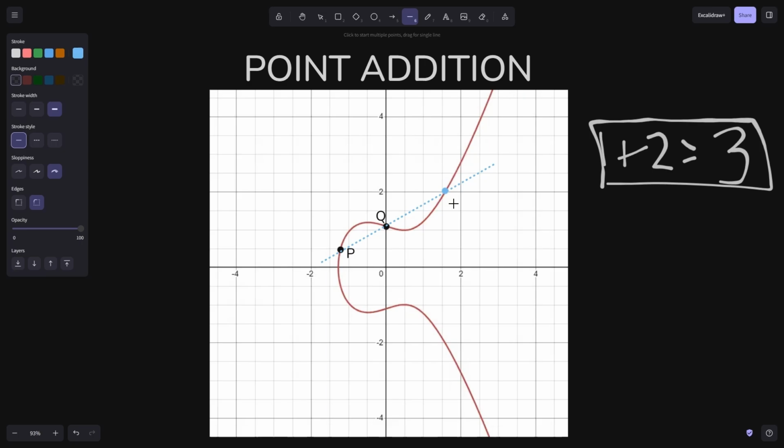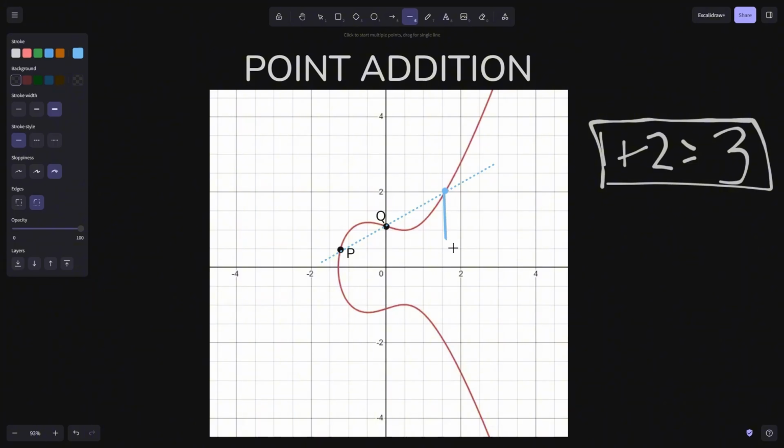Now there are two things to consider here. The horizontal black line is called the x-axis, and the vertical line is called the y-axis. We now reflect this helper point, the point of intersection, across the x-axis, the horizontal axis.